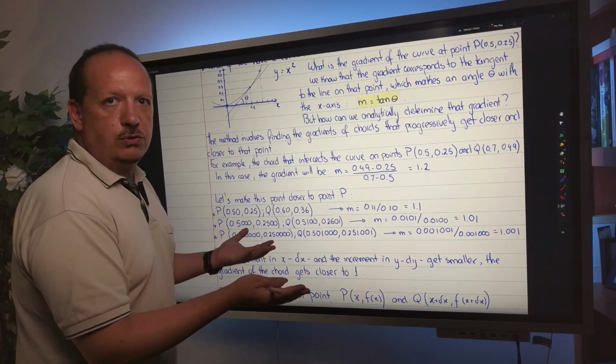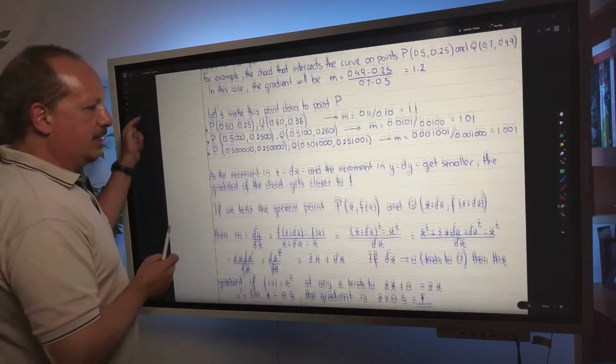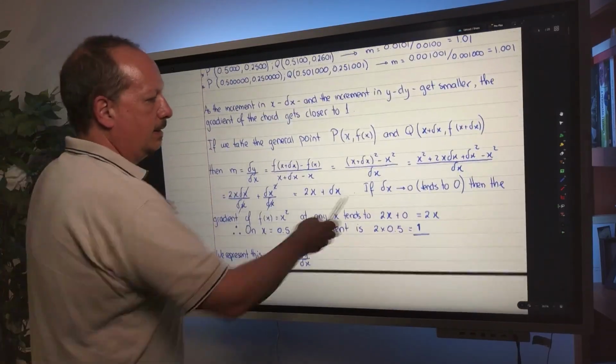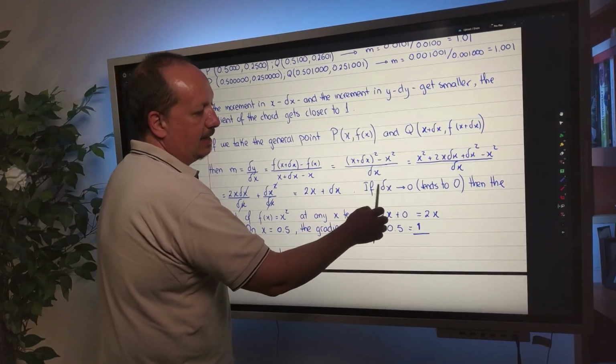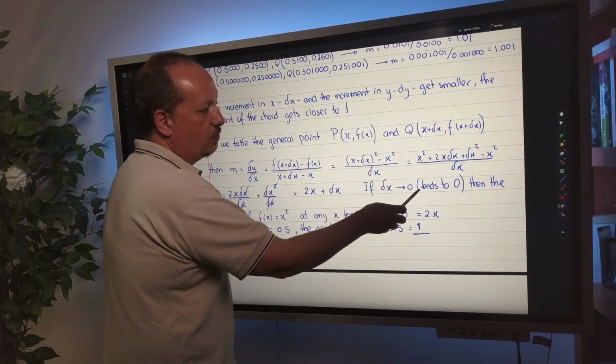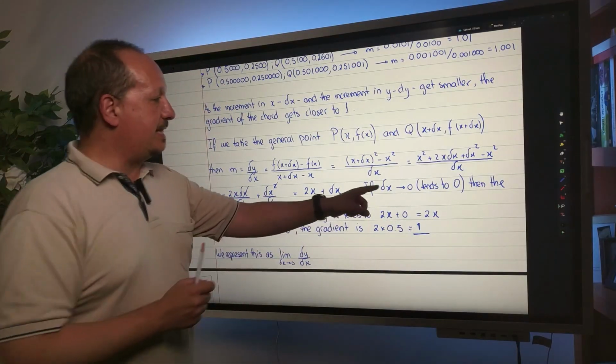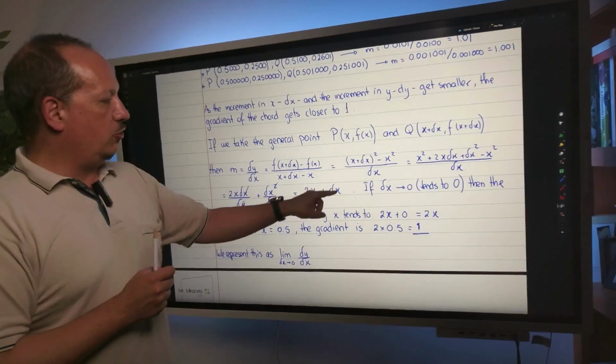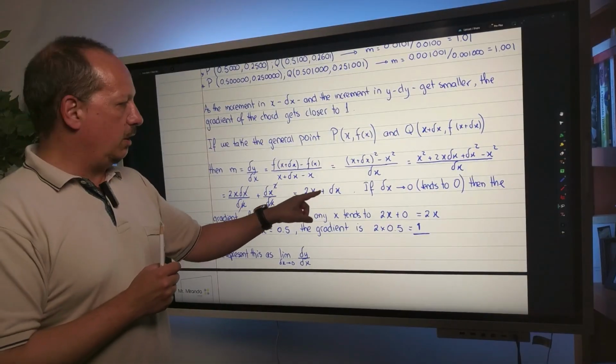It tends to 0, right? You represent this mathematically like this. The delta x, this distance from the point that you are studying, tends to 0. So if this tends to 0, eventually you can disregard it altogether.